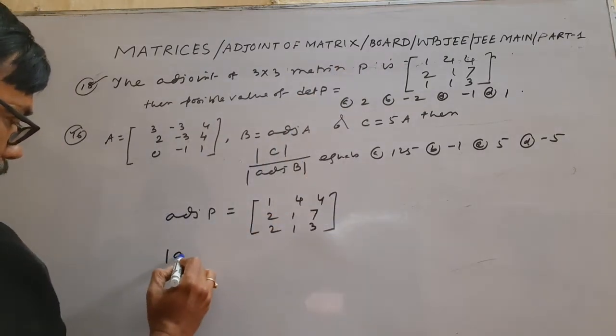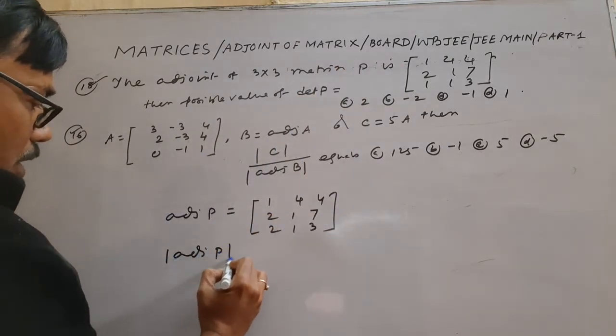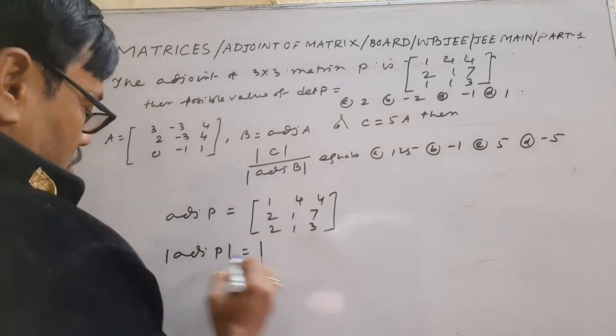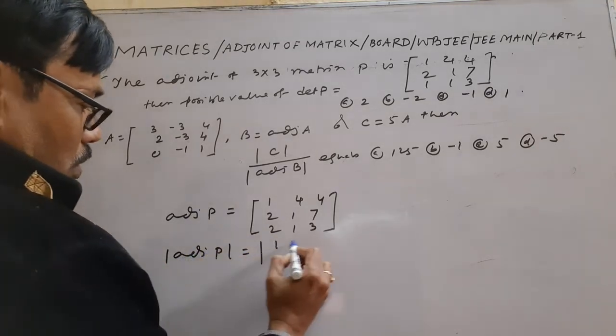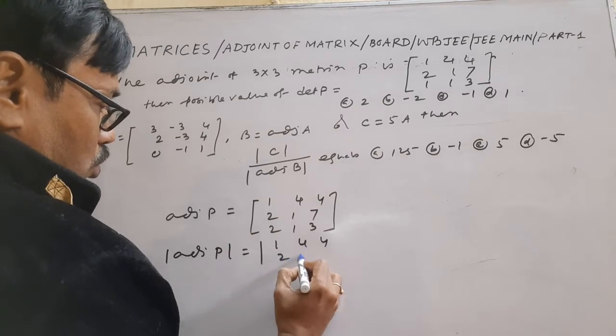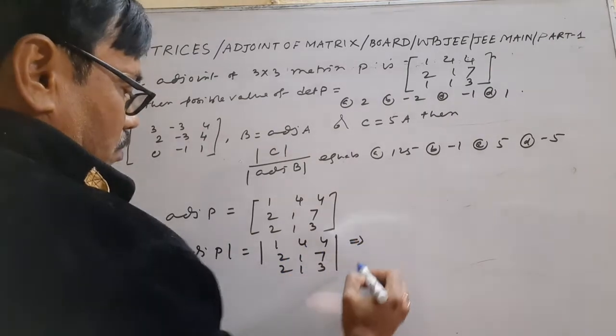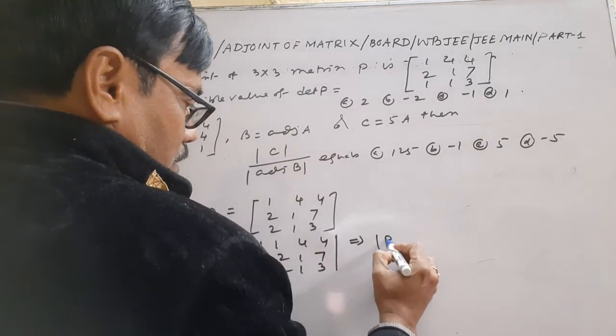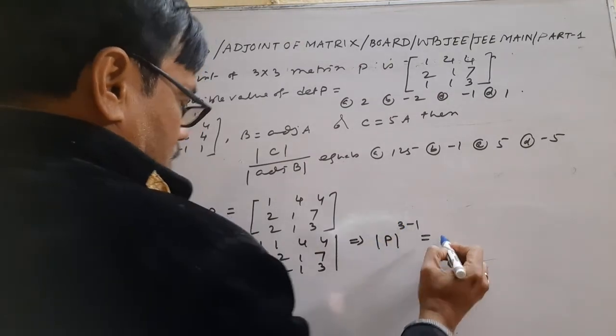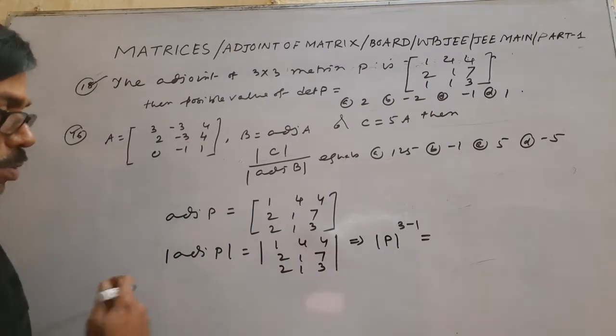Now taking determinant, adjoint of P equals determinant equals 144, 217, 213. This implies determinant P to the power 3 minus 1 by well-known property.